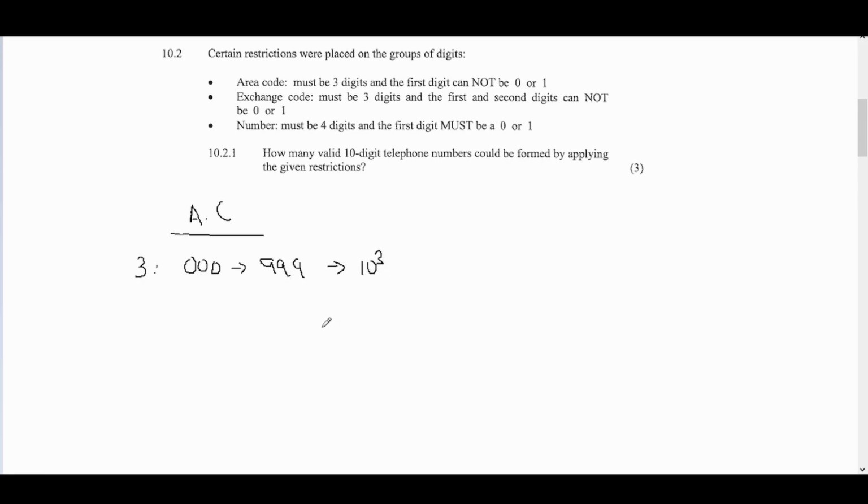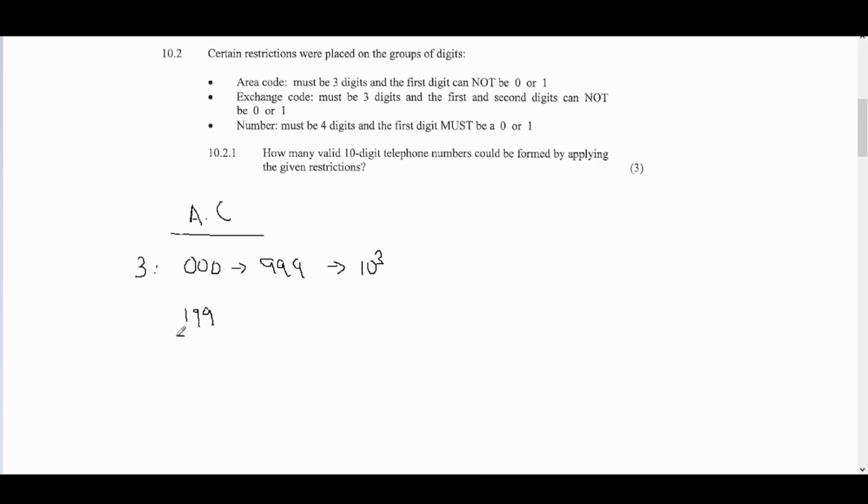Now we have a restriction that says the first digit cannot be 0 or 1. All the numbers starting from 000 up to 199 are removed, so the numbers go from 200 onwards. To restrict this, we look at the first digit.